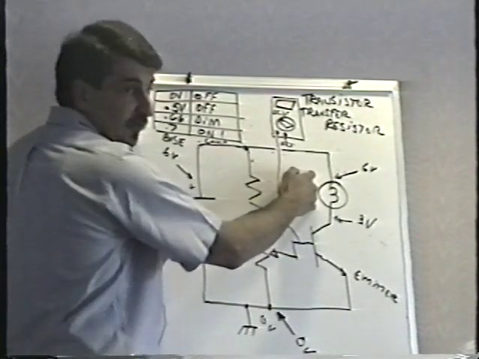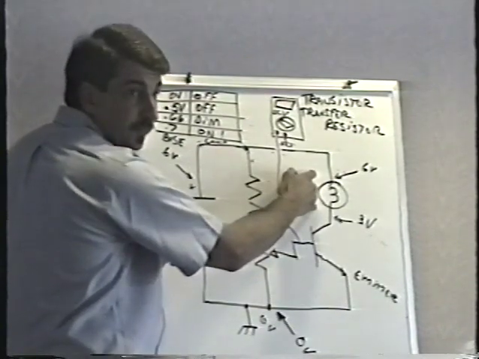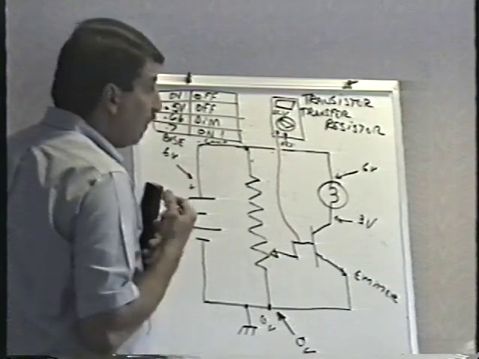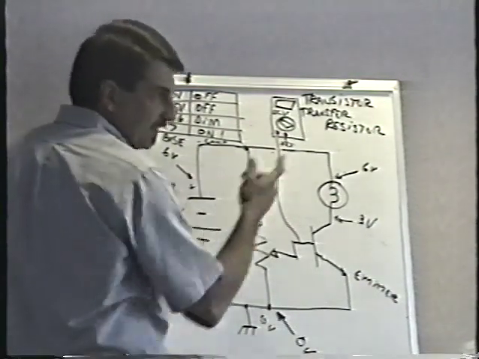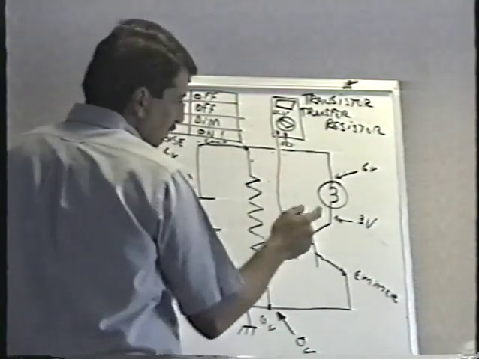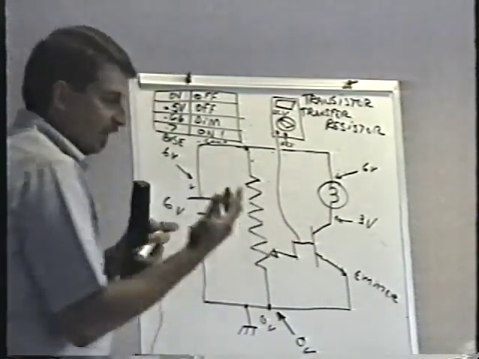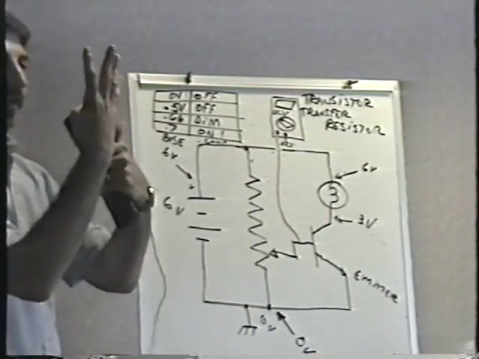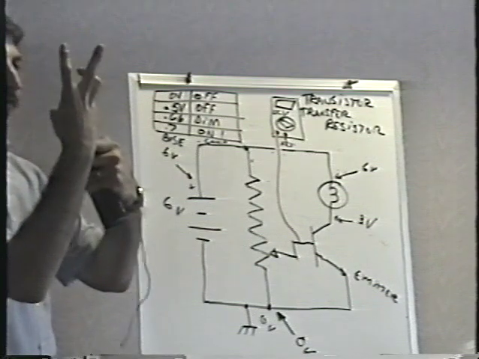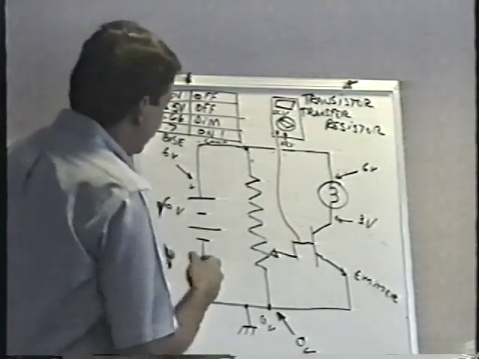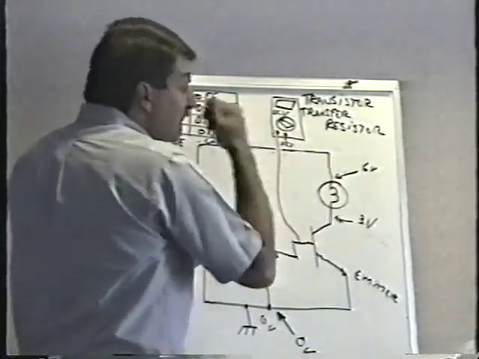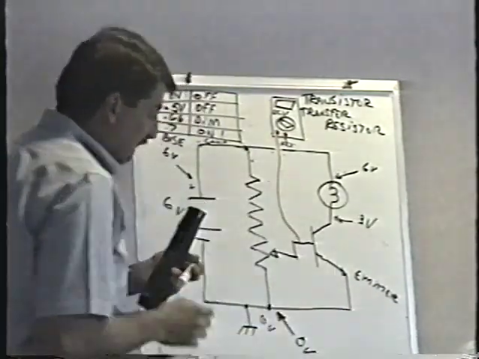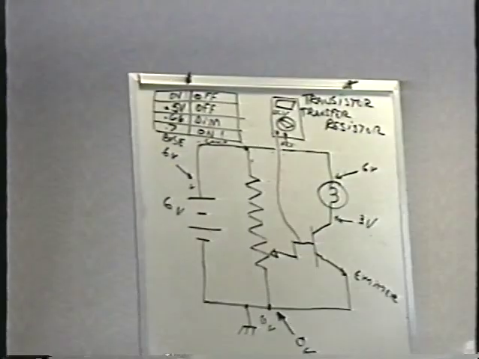What's the actual voltage across the lamp? 3 volts, sure. 6 minus 3 is 3. So it's a 6-volt bulb, but only 3 volts are across it. So that's why we see what we see.